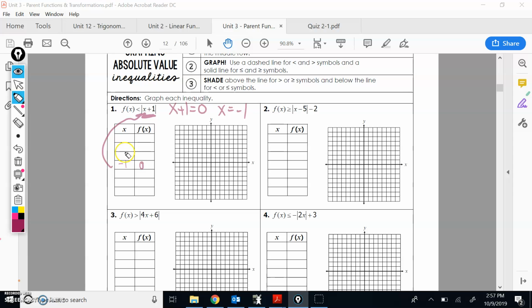Then let's plug in other points as well, just like the other part of the notes. -2 plugged in gives us 1, follows this pattern, and it's symmetrical the other way. Graphing it looks like this.